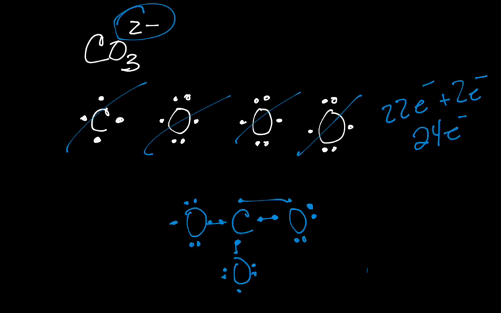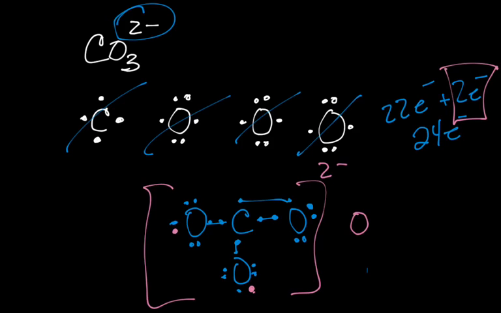However, remember we had these 2 extra electrons. So I can stick one there and there. Now everybody has noble gas configuration. We have 22 plus 2 electrons. So we've done it. Now let's redraw this mess. Oh, the only thing you have to do when you do this is you need to show that this is a 2 minus.